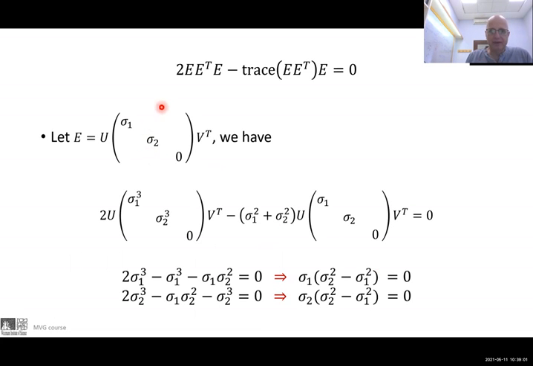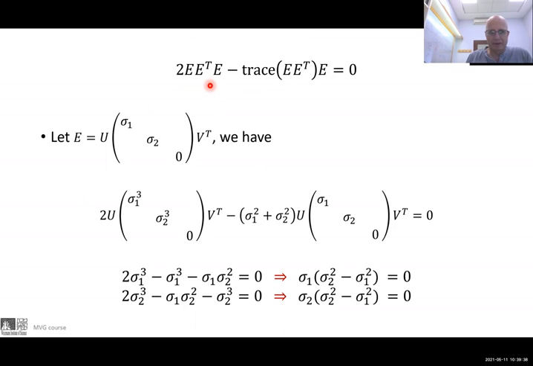Okay, so the essential matrix, we can apply singular value decomposition to it, right? And it will be U times a diagonal matrix times V transpose. The diagonal will contain 2 non-zero numbers and 0, and we want these 2 numbers to be equal. So let's take this equation and see that it actually enforces that the 2 singular values are equal.